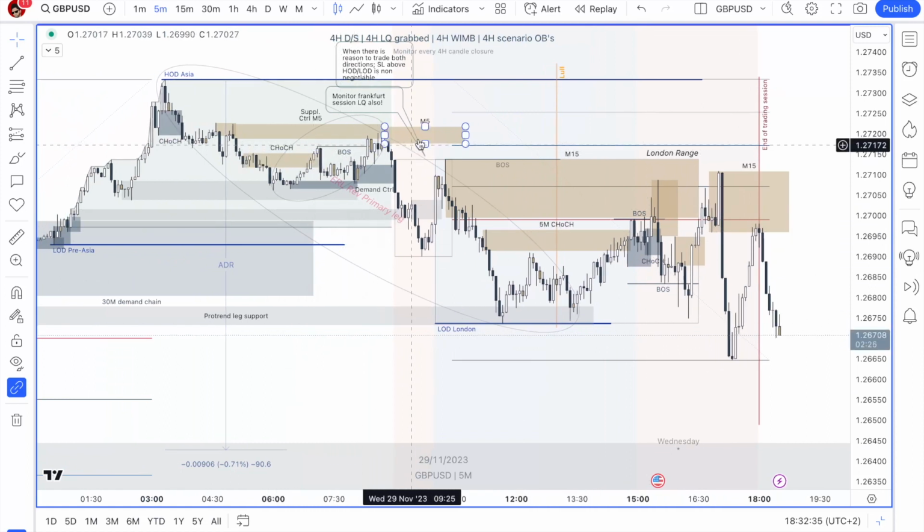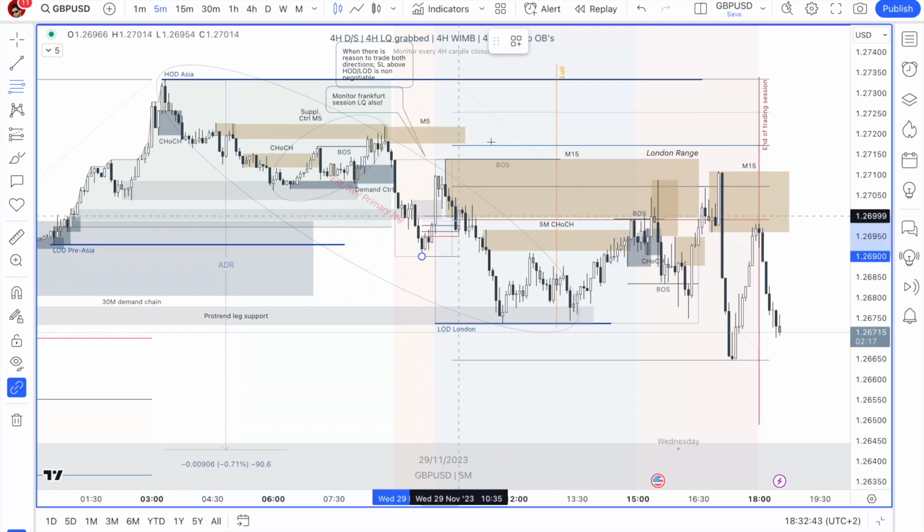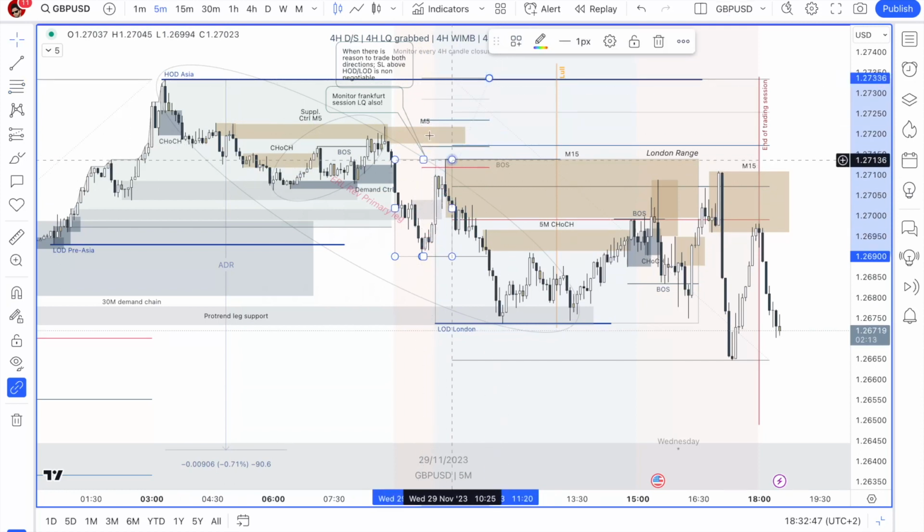And then, like I said, in the morning we had this nice chain, but unfortunately the extreme to the high of the day would have meant I would have taken an entry right around here.